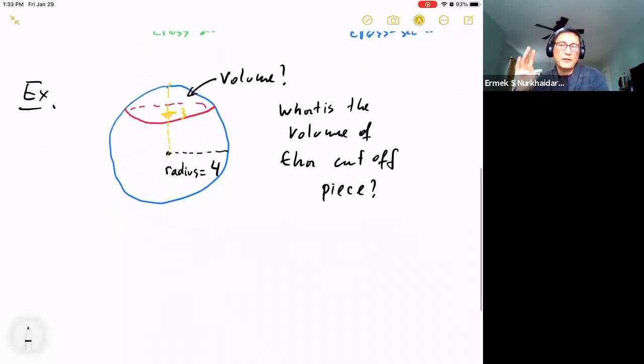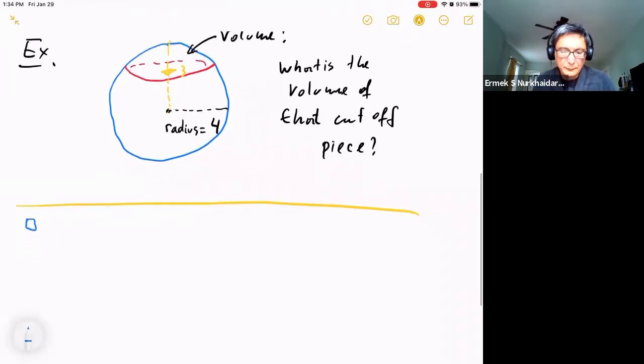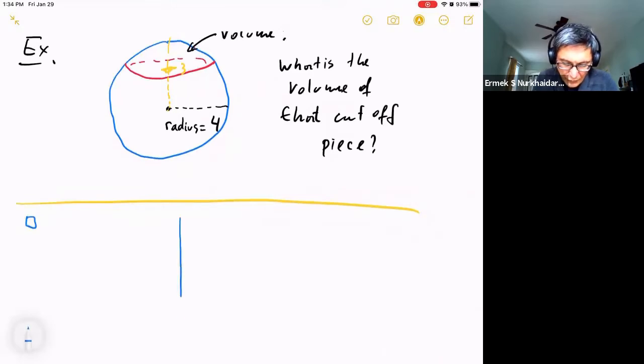I provided a lot of verbal description of the problem, so I hope it's clear what I mean. I didn't write it because writing might take more time than I want. So I guess I will redraw a picture.